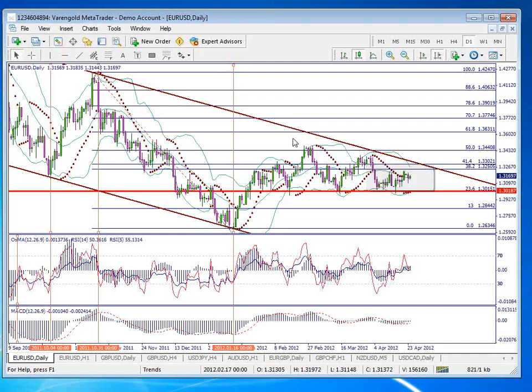And probably the pair will make swings between those lines, between the support and the resistance, that one that is the resistance of the pair for the moment. We can go also to see the waves into this triangle.